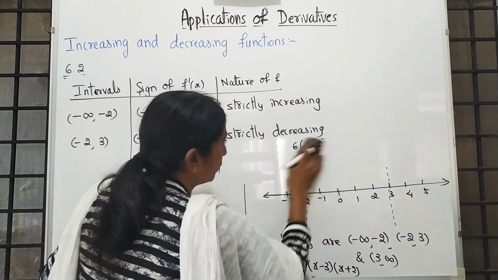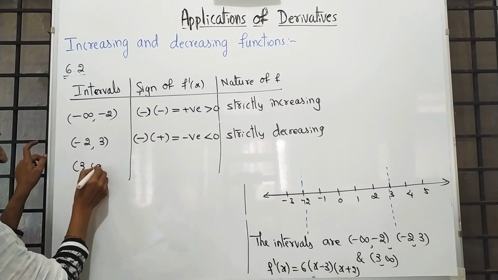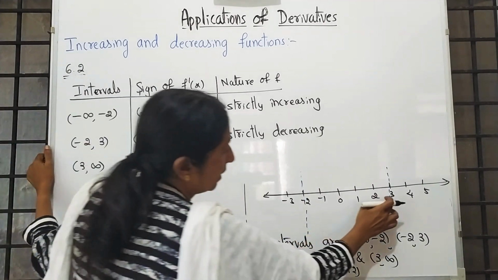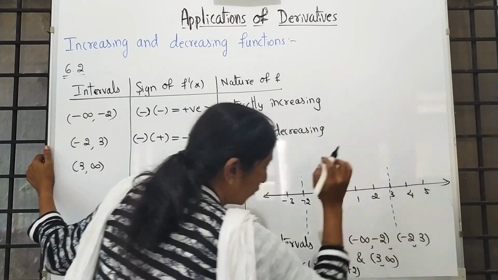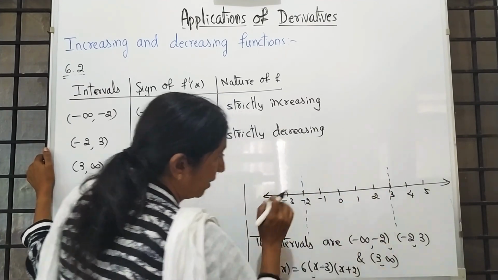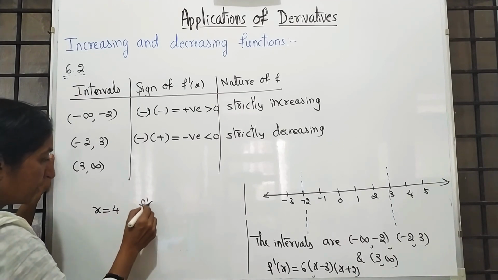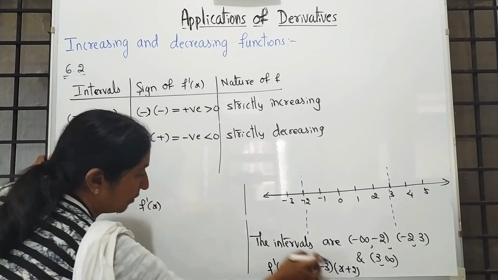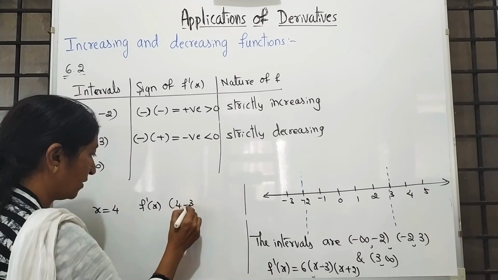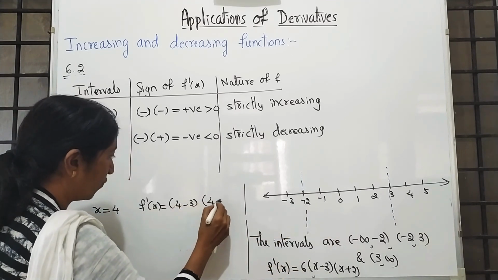Next, moving to the third interval. What is the third interval? 3 comma infinity. In 3 comma infinity, I took 4. Don't take the end values, remember, because they are open intervals. We cannot take them. Take 4. If you write x as 4, see the first derivative: 4 minus 3, because 6 is positive I am not writing it, and 4 plus 2.